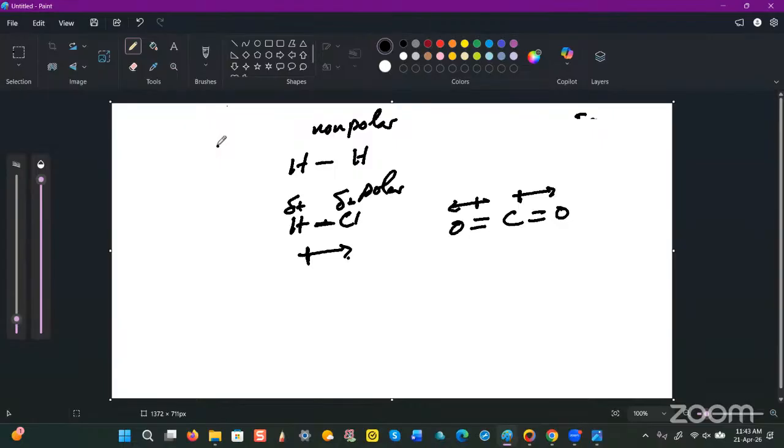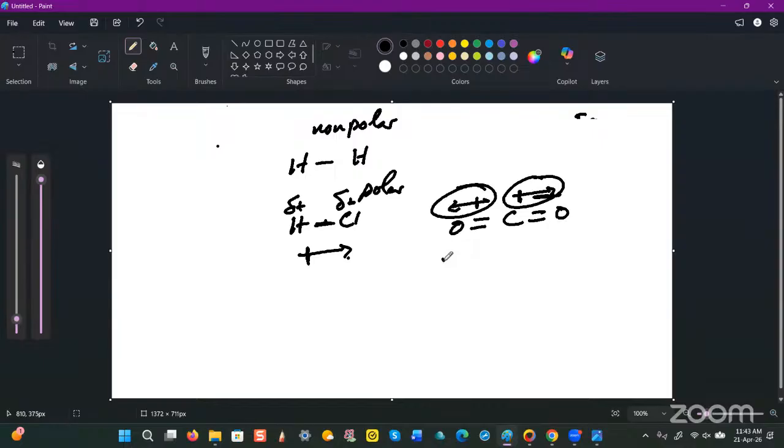So what we have is a situation where the molecule is linear, right? You have one dipole acting in this direction here, the other dipole will be acting in this direction, right? And because this oxygen is identical to this oxygen, that means that this dipole would be equal in magnitude but opposite in direction. So what does that mean? That means that they will cancel out each other.